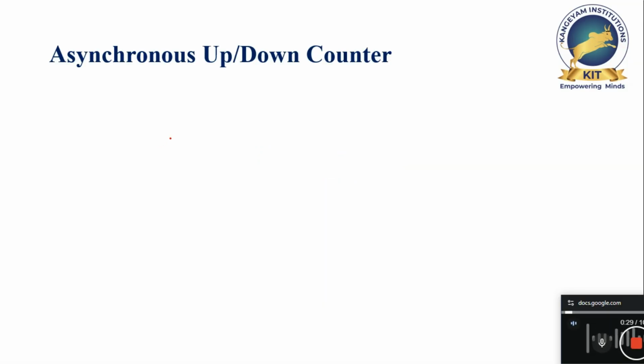As I told you, we are going to design a counter which will be counting up and also down. Both are possible. How is it possible? In this case, we are taking an example of a 3-bit counter.